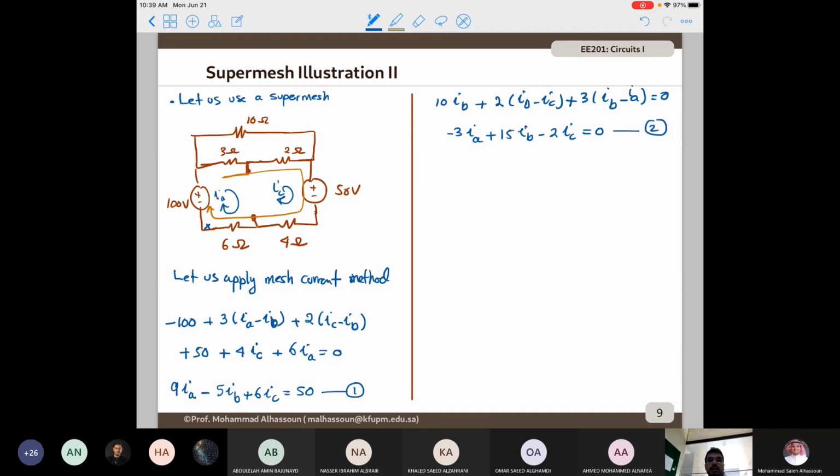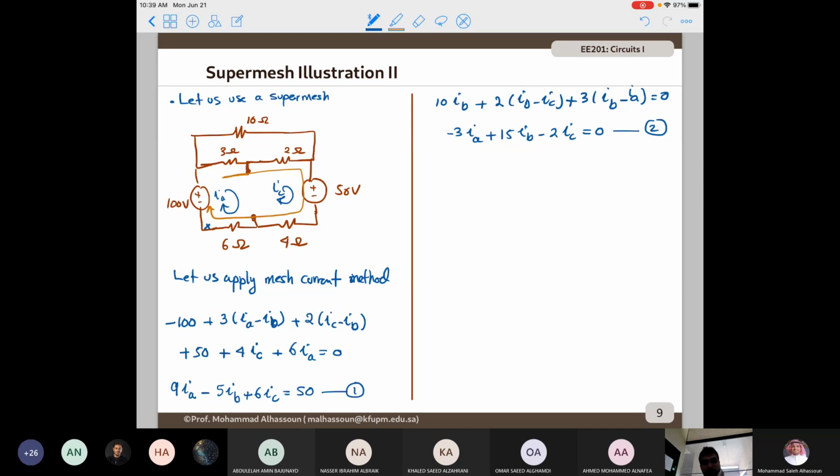So you see here that now we have two equations from applying the mesh current method. But here I have 3 unknowns. So what should I do here in this case?